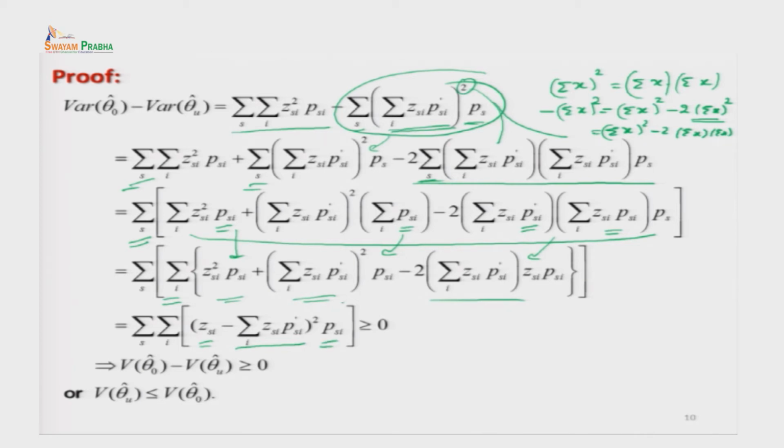Now you can see that this summation is always going to be greater than or equal to 0. This is always positive. So this difference which we obtained here is greater than or equal to 0, and hence the variance of the theta hat unordered estimator is always smaller than or equal to the variance of the theta hat ordered estimator.